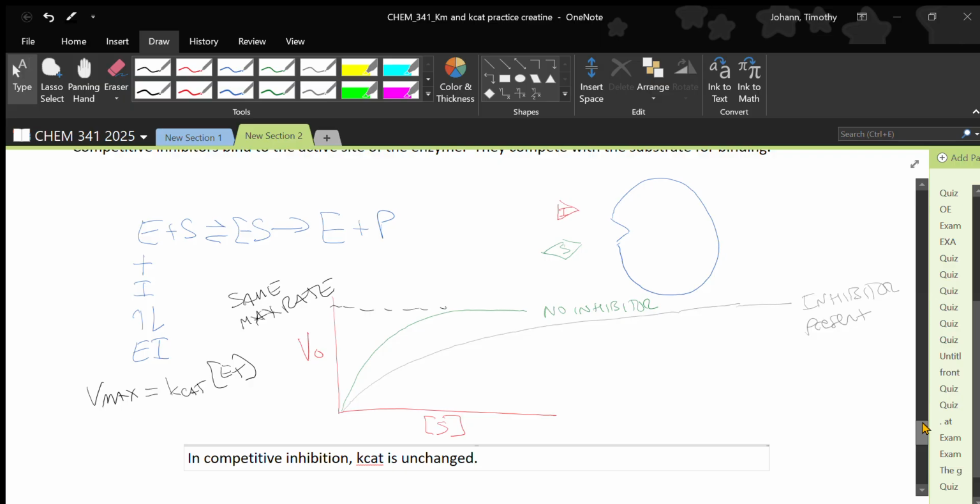If I add infinite substrate, which I can't because stuff would precipitate out, but theoretically you could, I can overcome that inhibitor, regardless of how good it is. So the second graph only exists if there's enough substrate. You just add more substrate to recover your activity. We know we can do that because of Le Chatelier's principle. These are competing with each other.